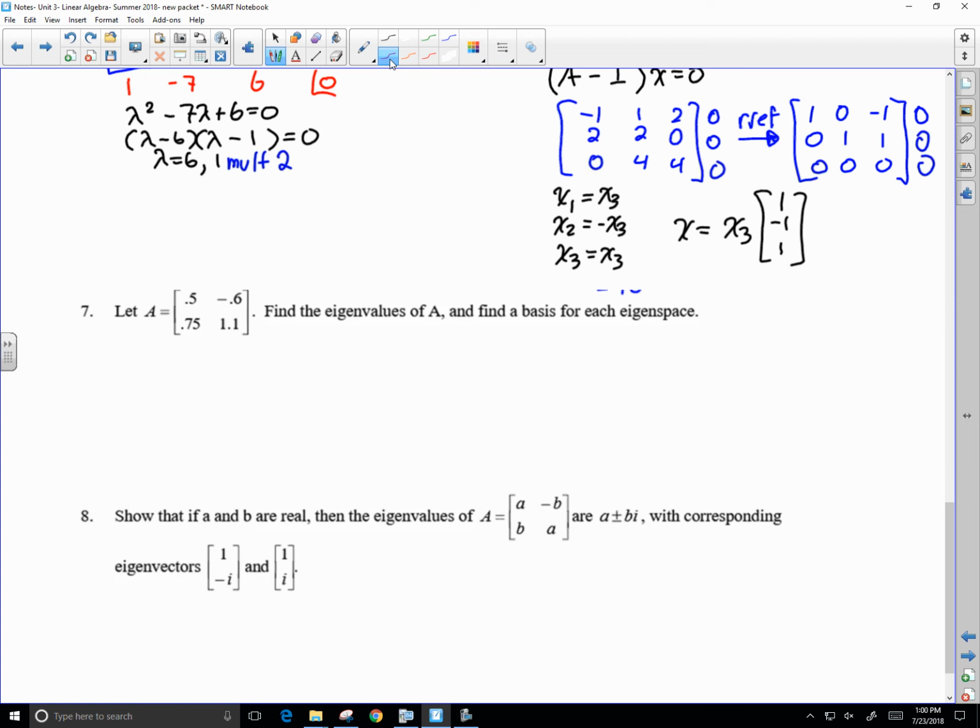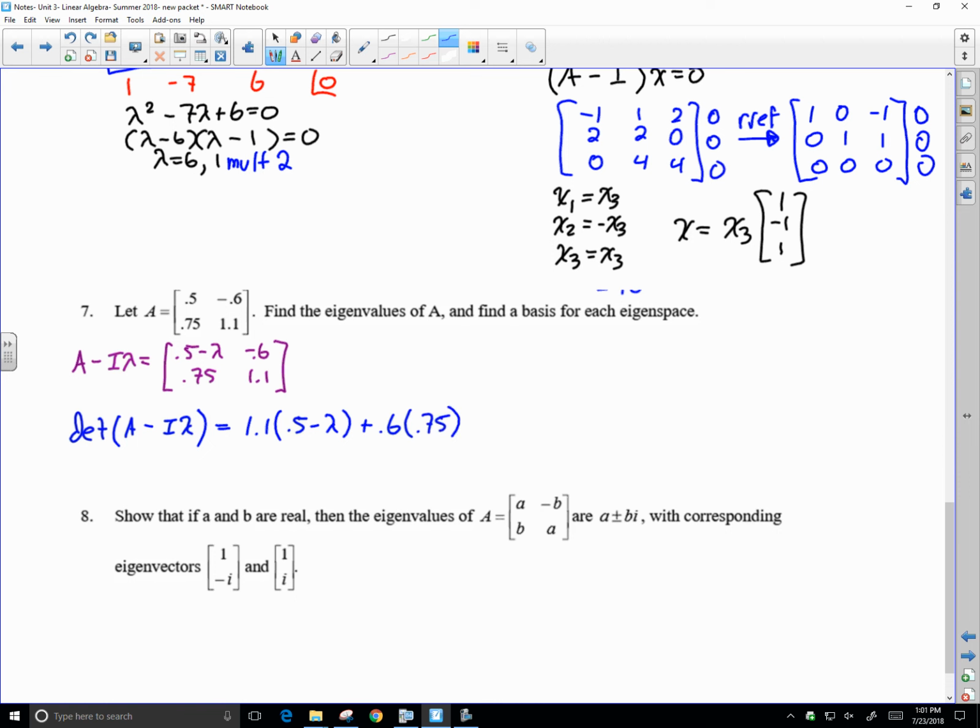All right, so the one good thing is it's a 2 by 2 matrix, so the determinant itself is minus a negative product, 0.6 times 0.75.